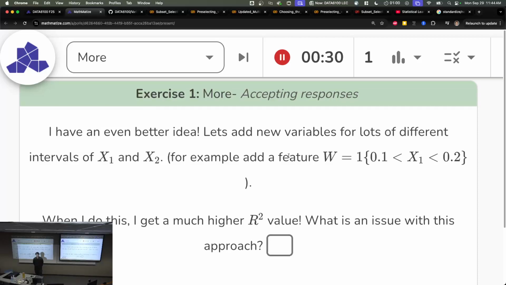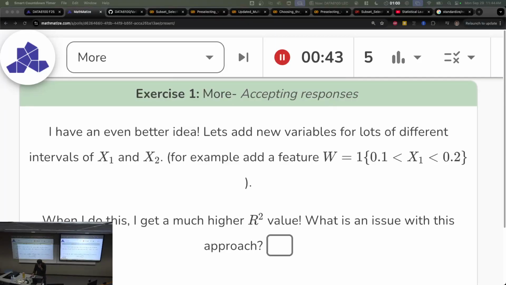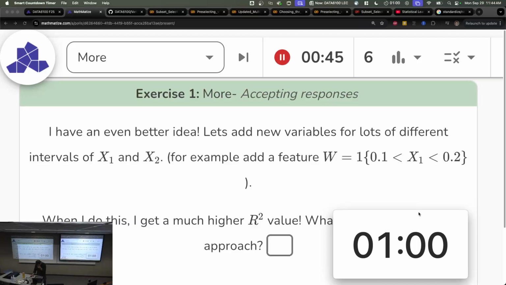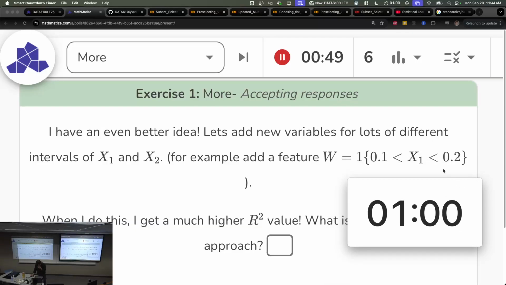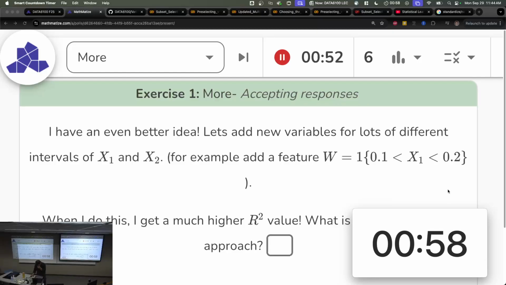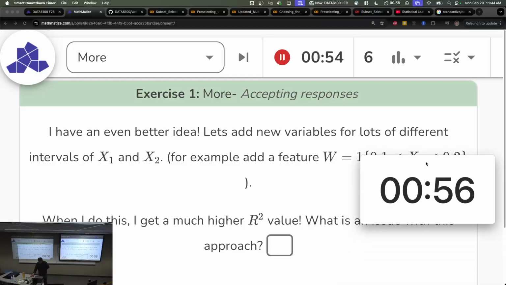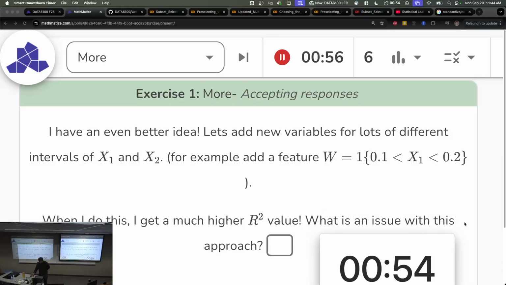It's a good time for questions or comments as well, if anyone has one about what the setup is or what we're doing here. Okay, one more minute to tell me what is the issue with doing this.